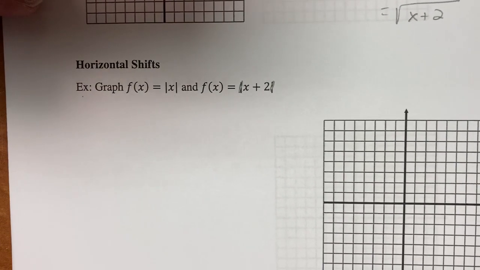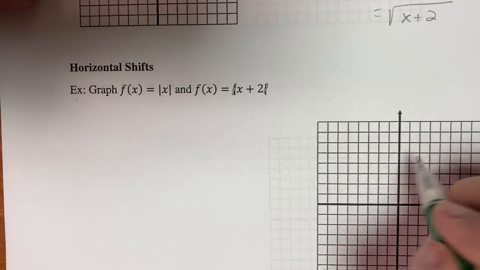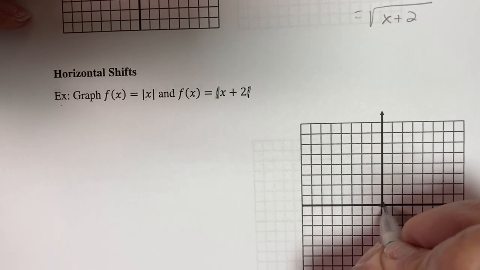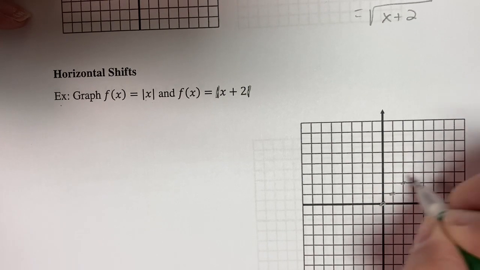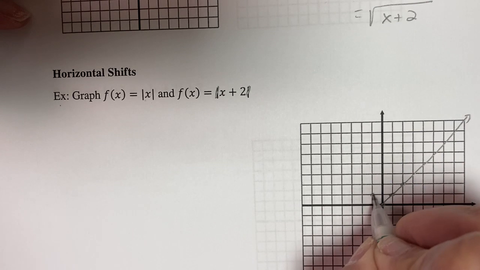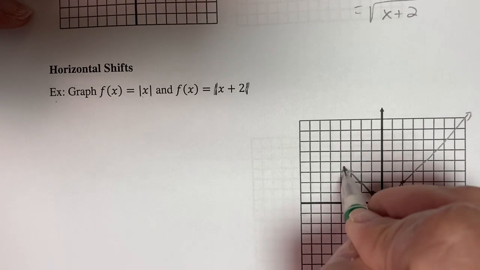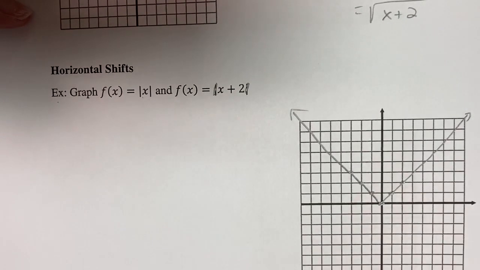Okay, so let's first of all graph our f of x equals the absolute value of x. You'll remember from our previous section, it looks like a V. So I'm just going to go ahead and graph my V. This is why we reviewed those graphs, and you want to be very familiar with them.